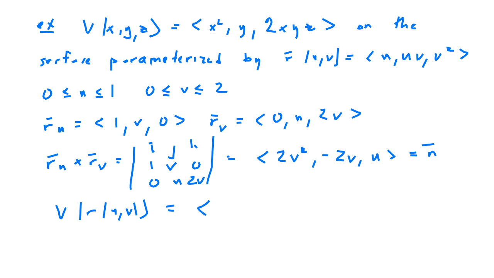So plug in x equals u, and then y, which is uv. And then 2 times x times y times z. So 2 times x times y times z.